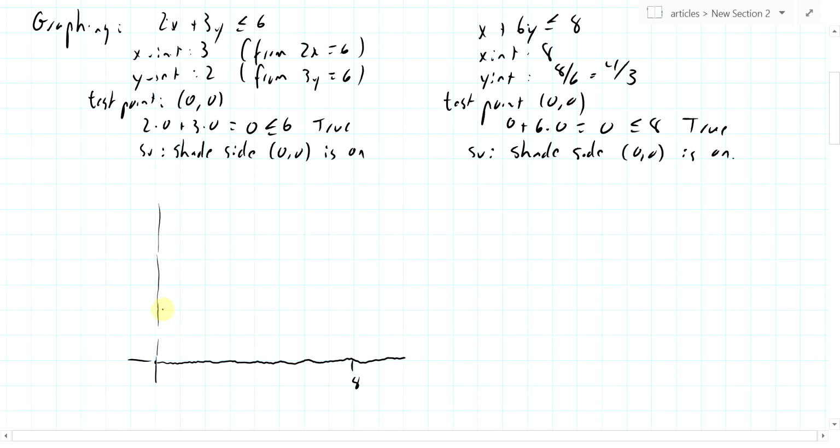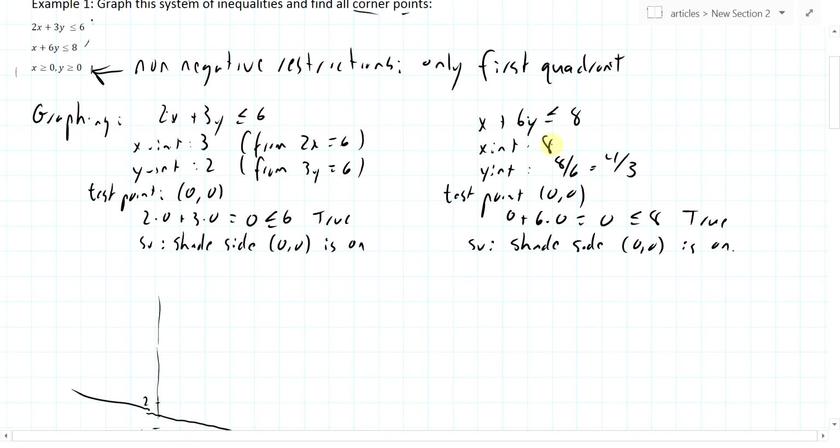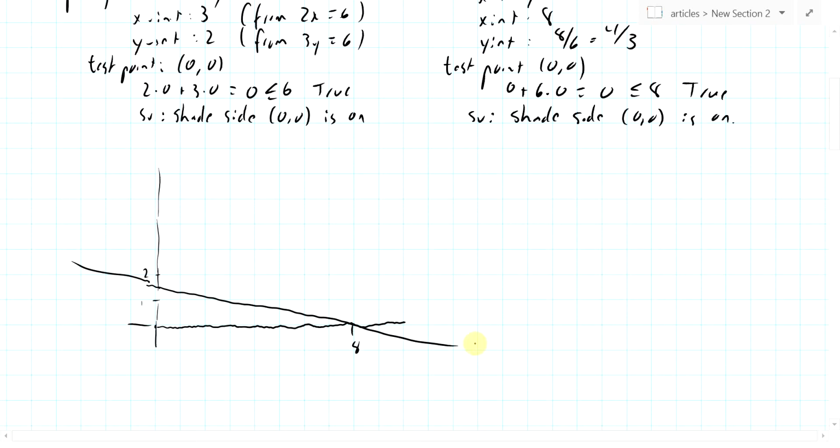The y-intercept is 4/3. If this is 1 and this is 2, 4/3 is 1 1/3, so it's about there. And you know, it's not an art class, so you can just sketch it freehand. That's the line x plus 6y equals 8.